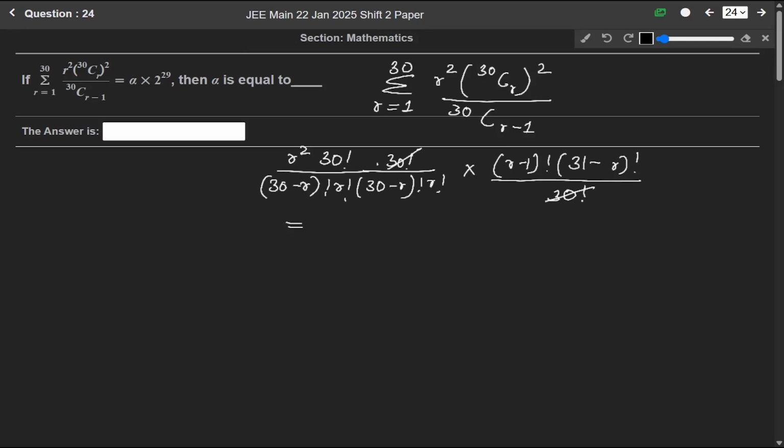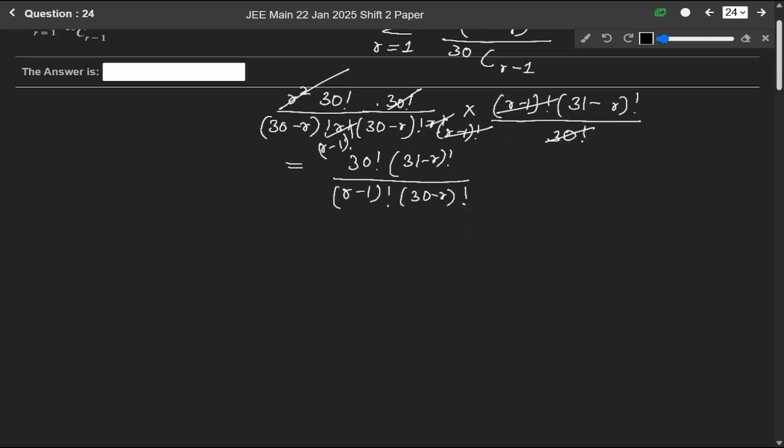Now r factorial can be written as r into (r minus 1) factorial, so (r minus 1) cancels out. And this will again be written as r factorial equals r into (r minus 1) factorial, so this r cancels out. So it will be (r minus 1) factorial and (30 minus r) factorial.